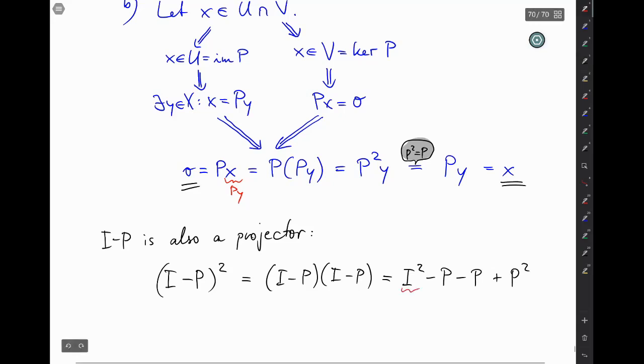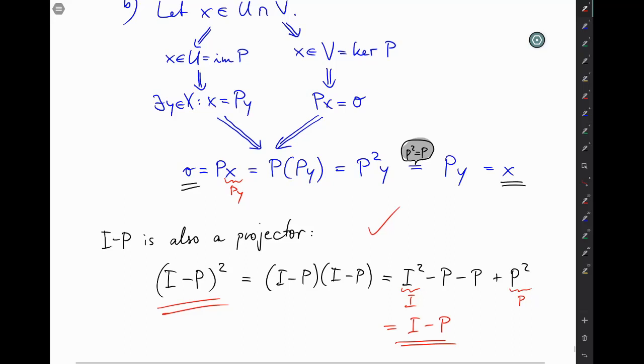Okay, but now that is just I. That, our projector property, is just P. Okay, and now everything cancels and all that remains is I minus P. Isn't that beautiful? I mean, it's not that I don't like geometry, not at all, but isn't it great if you can tell the same story in one line that you've been telling in 20 minutes before?